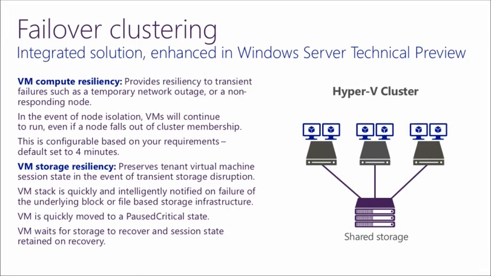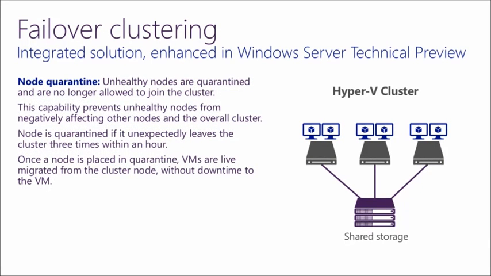So the final one is node quarantine. For instance, if you have a situation where you've got a node that continually is dropping out of cluster membership because it's just unhealthy, the transient failures are really affecting it, the node becomes quarantined if it unexpectedly leaves the cluster 3 times within an hour. And once that node is placed in quarantine, VMs are live migrated.